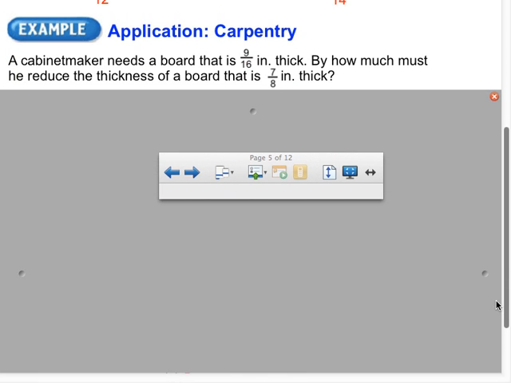Read that to yourselves. Answer the question. There's a key word in here that tells us what operation to do. Can somebody tell me the key word?